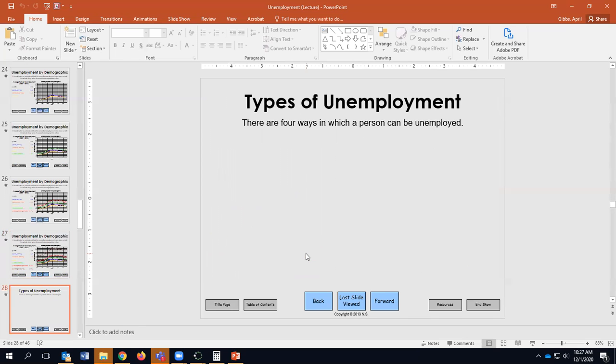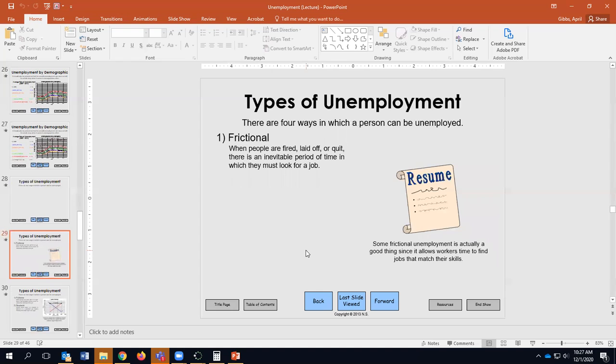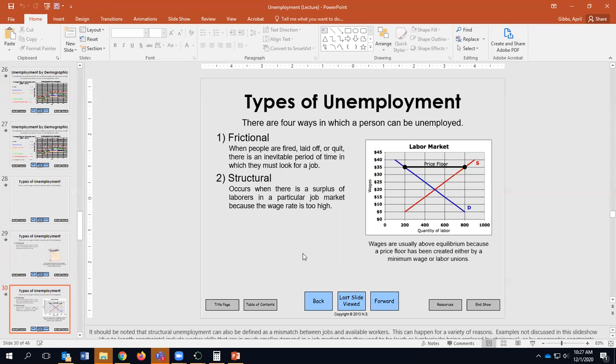There are 4 types of unemployment. So the first is frictional. When people are fired, laid off, or quit, there is an inevitable period of time in which they must look for a job. So that's frictional unemployment. Structural occurs when there is a surplus of laborers in a particular job market because the wage rate is too high.